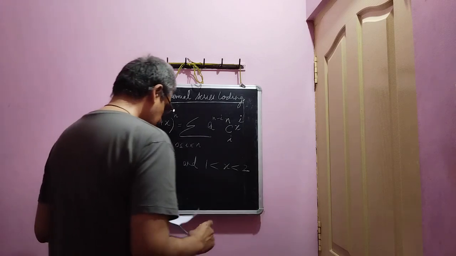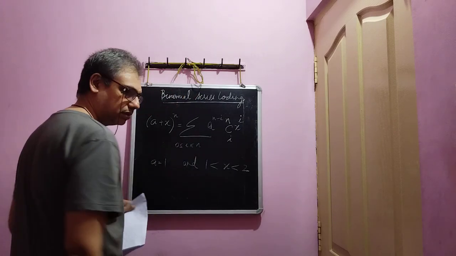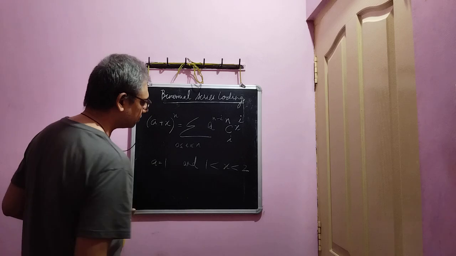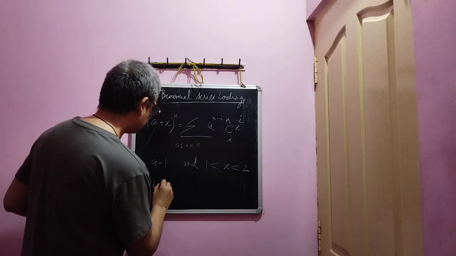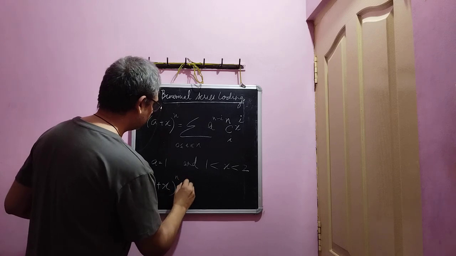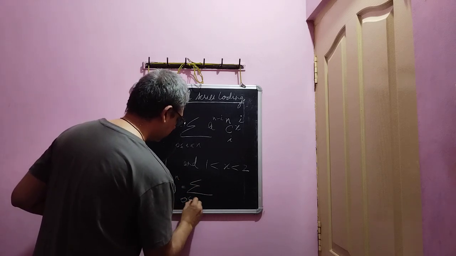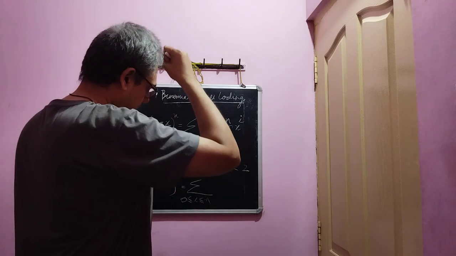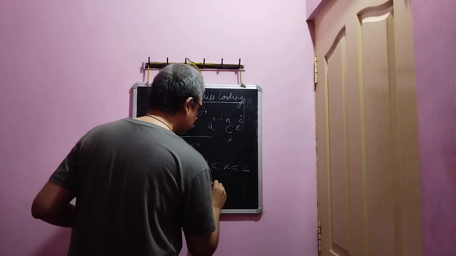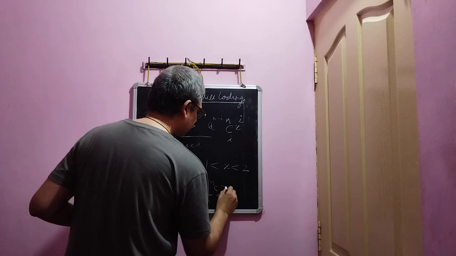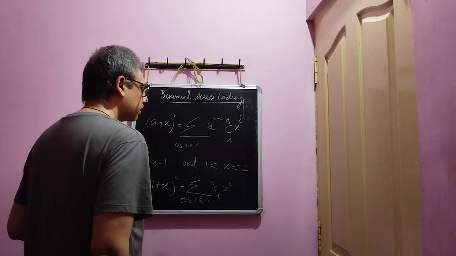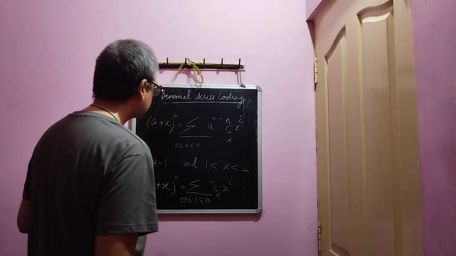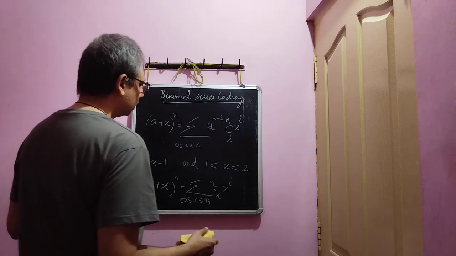So this is the objective. Using this, when a is equal to 1, the series becomes (1 plus x) whole power n equal to summation, 0 less than or equal to i less than or equal to n, nCi x power i.